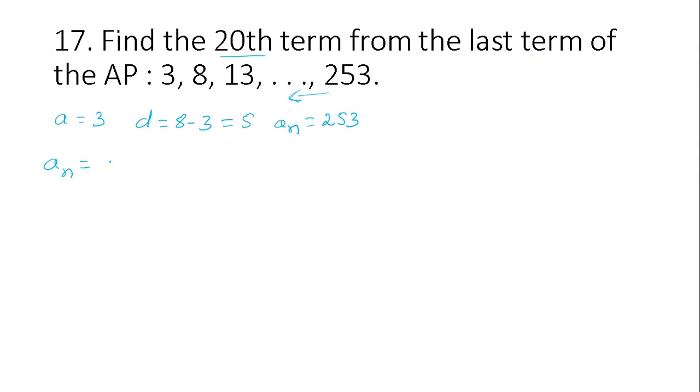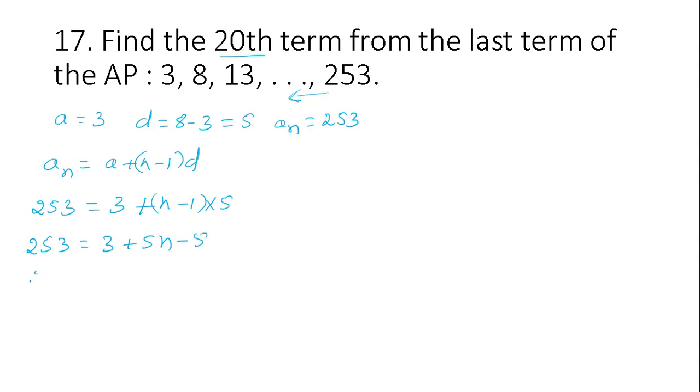AN is equal to A plus N minus 1 into D. AN here 253 is equal to 3 plus N minus 1 into 5. 253 is equal to 3 plus 5N minus 5. 253 is equal to minus 2 plus 5N.